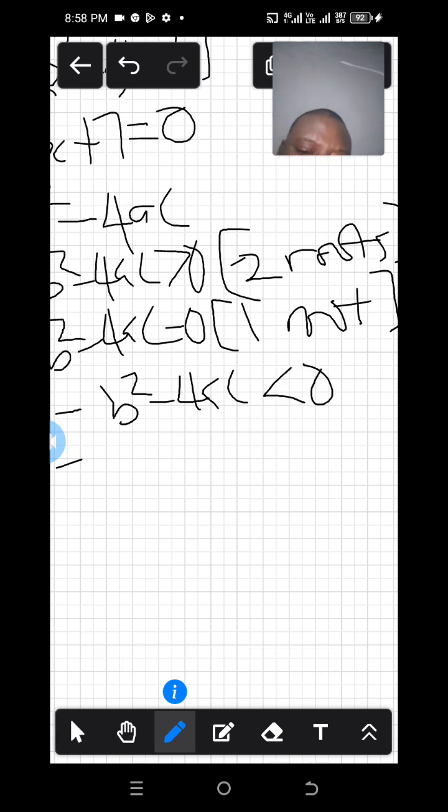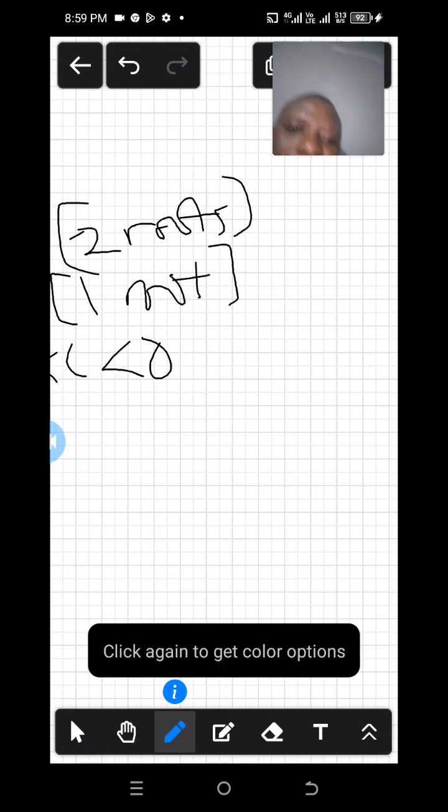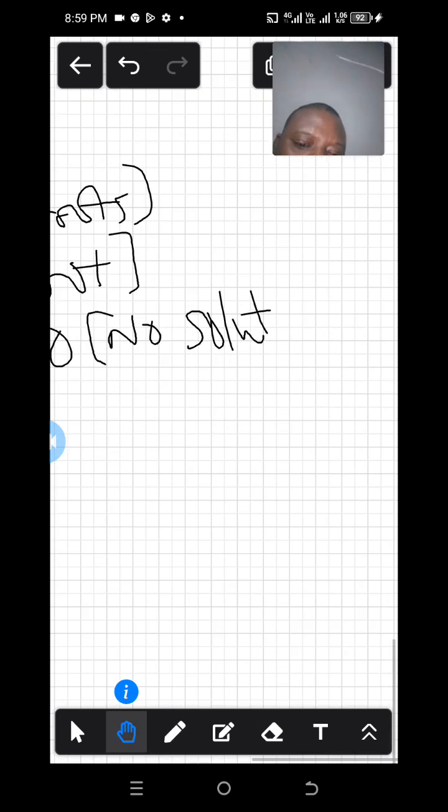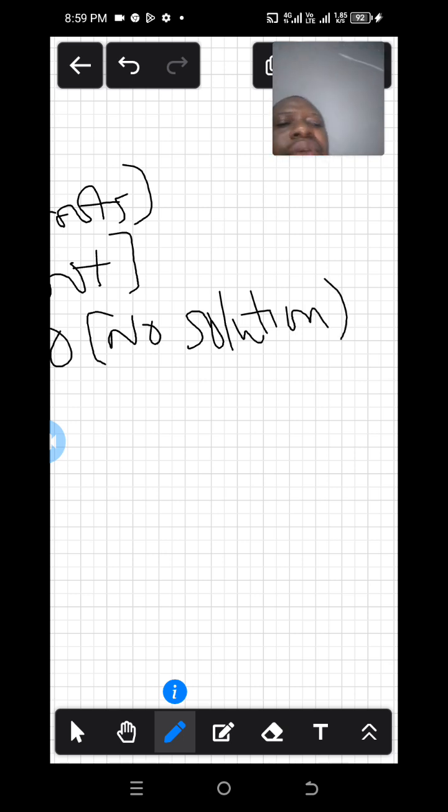In this case we always have imaginary roots, so no solution, because we are not treating complex numbers. Or it has imaginary and real solutions.